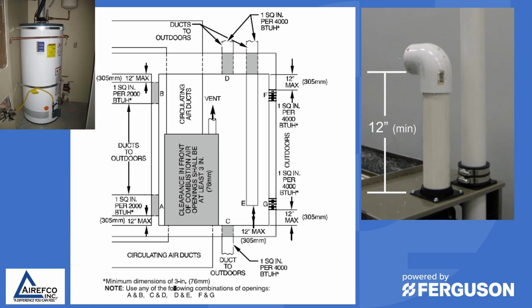It is also necessary, if there is a naturally drafted gas hot water heater in the same space, that you have enough combustion air for the furnace as well as the gas hot water heater. If insufficient combustion air is provided, you could develop a condition where the combustion air is being pulled down the natural draft of the gas hot water heater, spilling carbon monoxide into the space and creating a very dangerous situation.